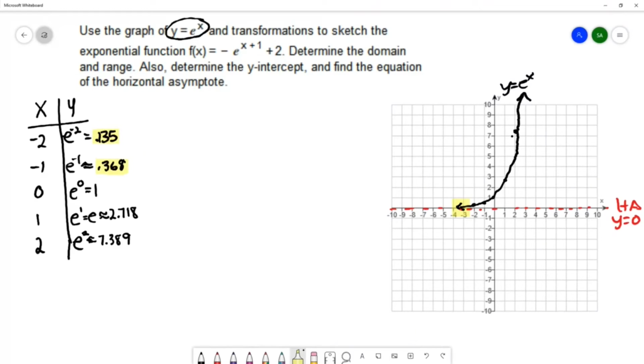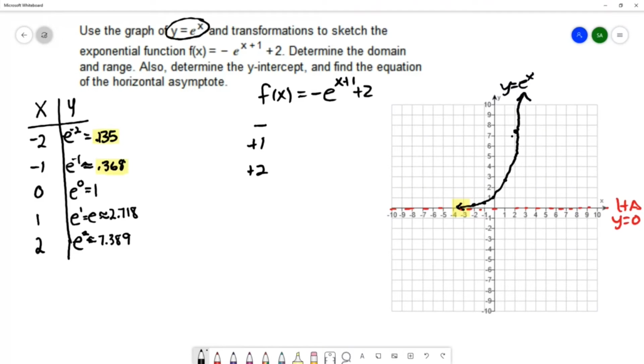So then we want to sketch the graph f of x equals -e to the x plus 1 plus 2. The basic graph is e to the x, and we have a few different transformations. We have the negative, the plus 1, and the plus 2.